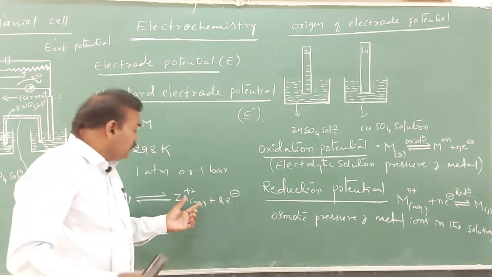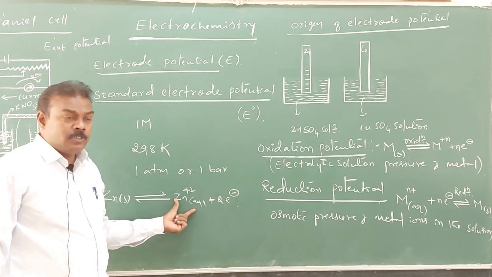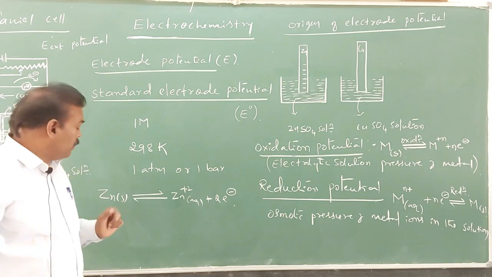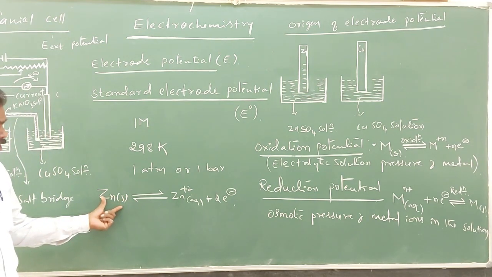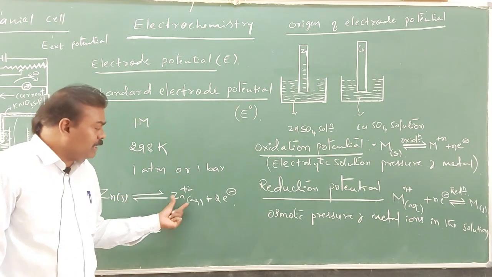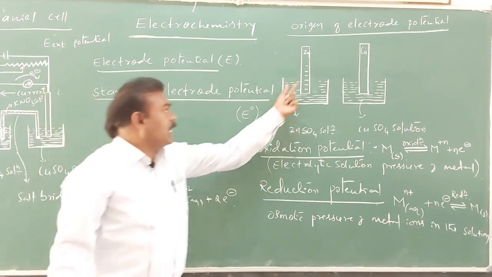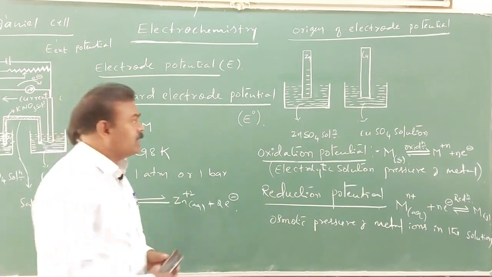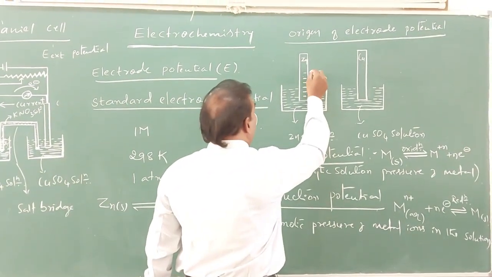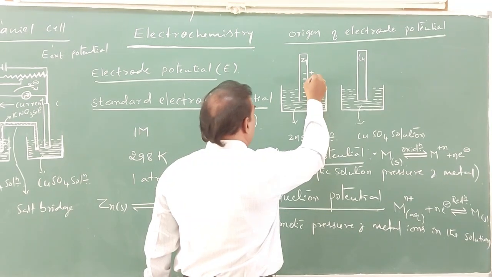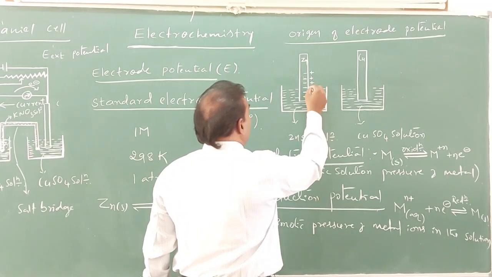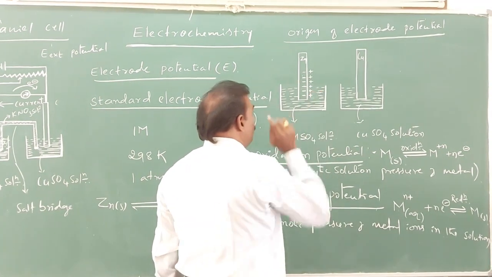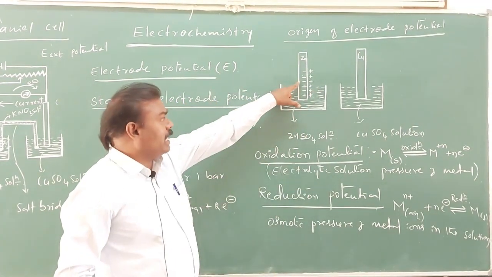At the same time, the zinc ions, the positive ions of that metal, enter into the solution, because when the zinc atom undergoes oxidation, it gives what? Zn+2 ions and electrons. Electrons are deposited on the metal rod and the zinc ions enter into the solution. I indicate these as the positive ions, that is zinc ions present in the solution. So this is what is called the electrical double layer.